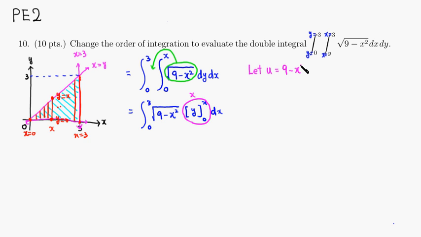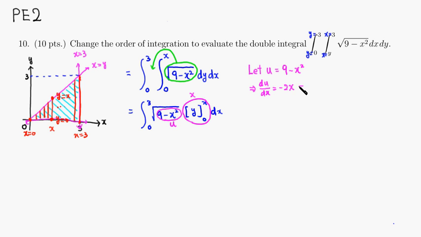So you have 9 minus x squared, and I'm going to call this u. Then the usual drill: the derivative of u with respect to x is negative 2x.